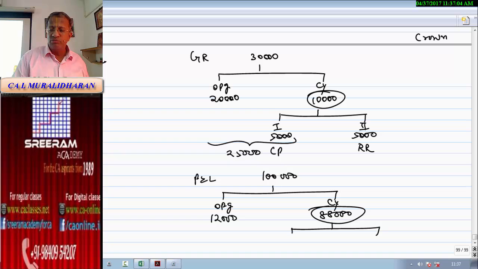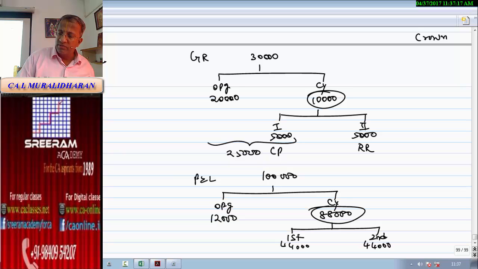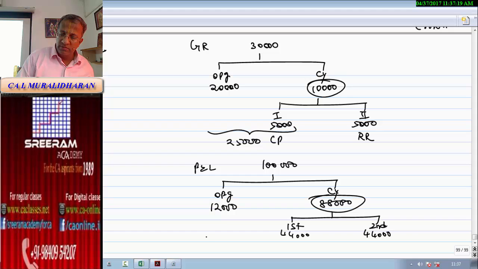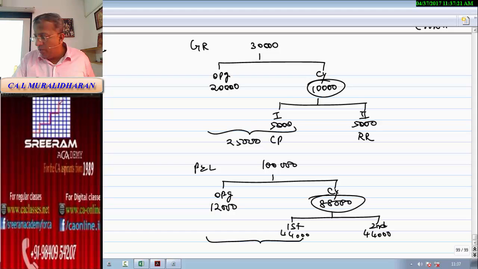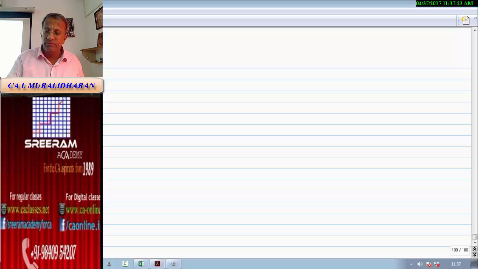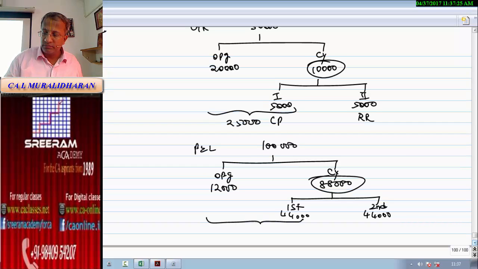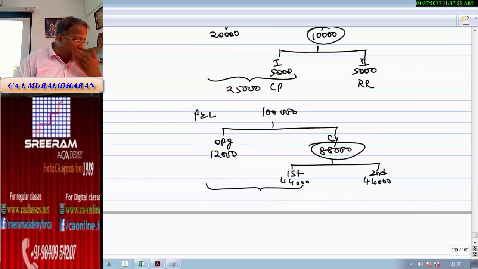Normally we assume that profit is earned evenly throughout the period, first and second. This being 44,000 and 44,000. 56,000 as capital and this being revenue profit.